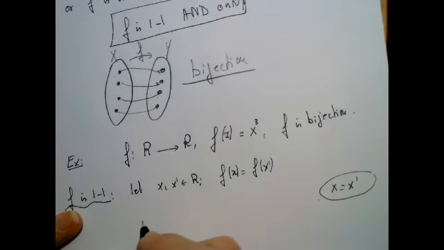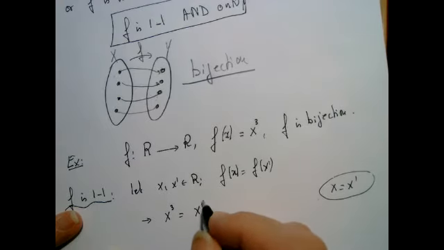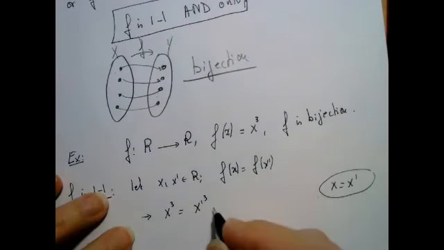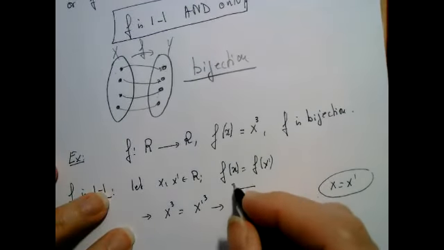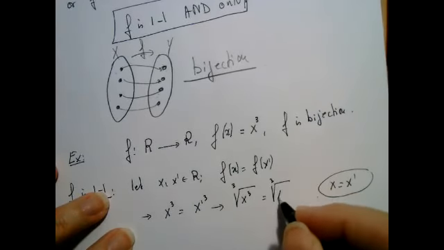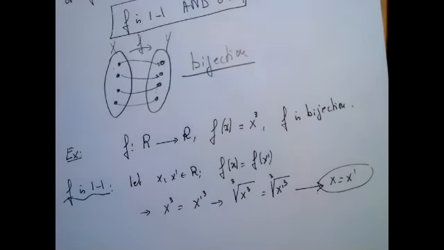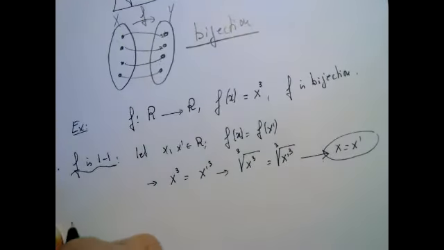So if f of x equals f of x prime, this means that x to the power 3 equals x prime to the power 3. It means the cubic root of x cubed should be equal to the cubic root of x prime cubed. It means x equals x prime, because the cubic root of x cubed is exactly x. So that's the one-to-one. Now, f onto.